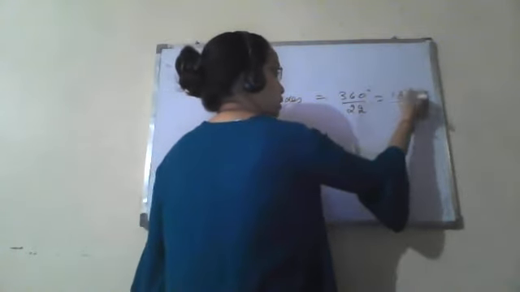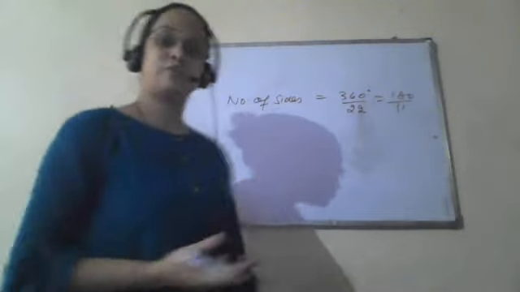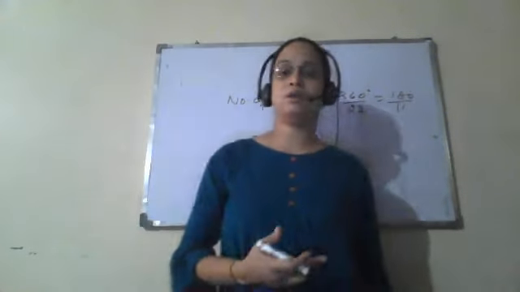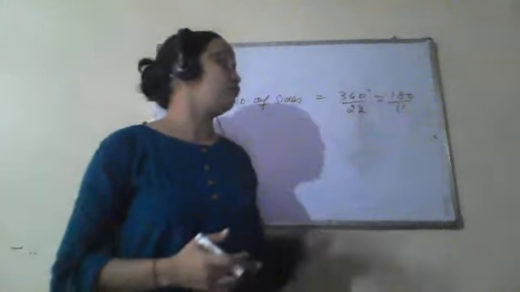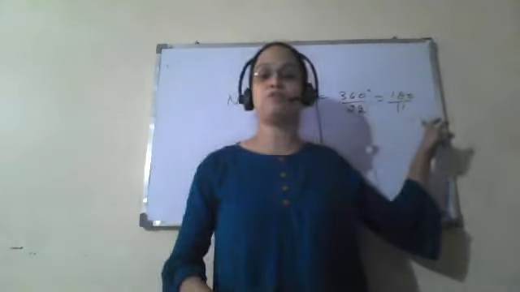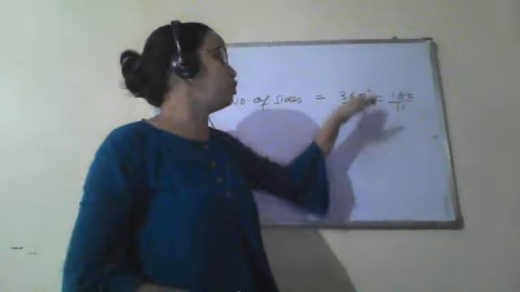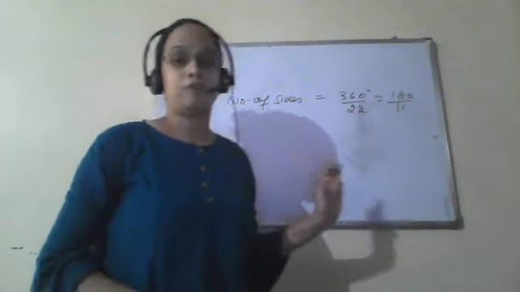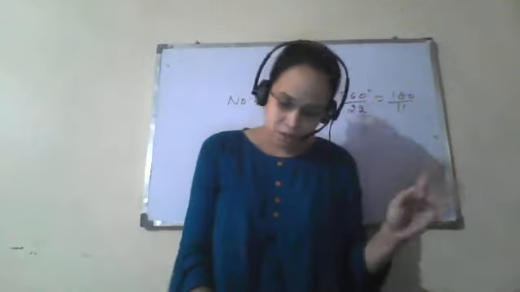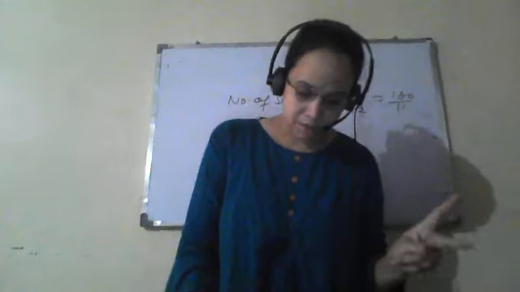So it is 180 upon 11, and it is not a whole number. The sides of a polygon will always be a whole number. It cannot be in fraction form. So it is not possible, because 22 is not a divisor of 360. So it is not possible to have that regular polygon.